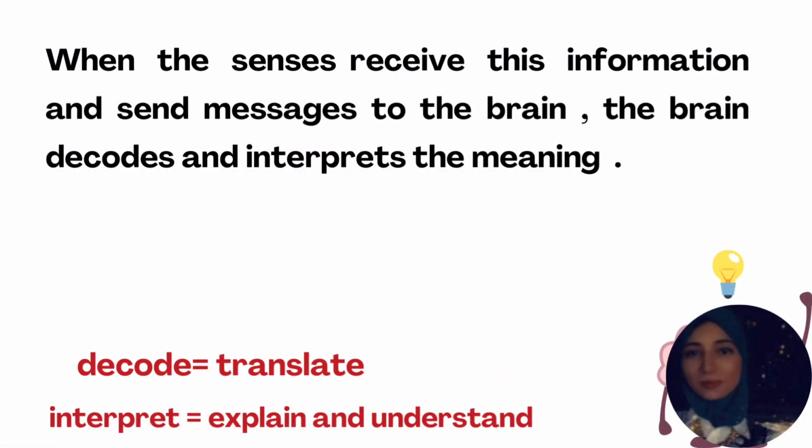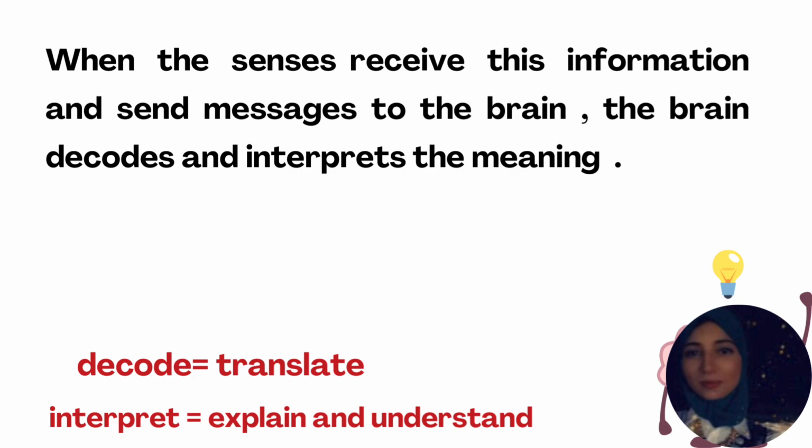So what happens when the sense receives this information? Either the eye that receives the light energy, or the ear that receives the sound energy. When the senses receive this information, they send messages to the brain, and the brain decodes, which means translates, okay? Decodes and interprets the meaning.